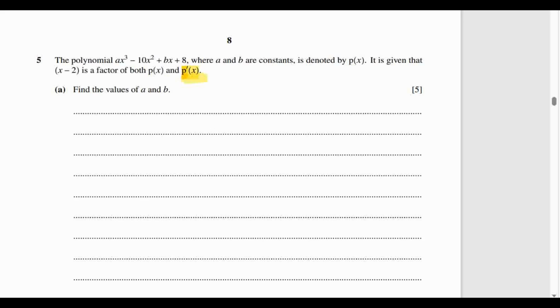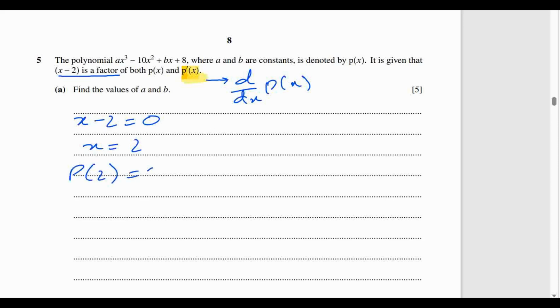This means that p dash is the first derivative of p of x. Now we will use this hint: the first point is that x minus 2 is a factor, which means that p of 2 should be equal to 0. Now we will use it.